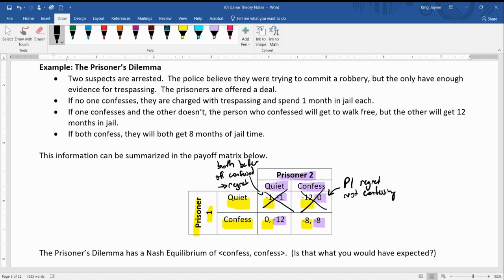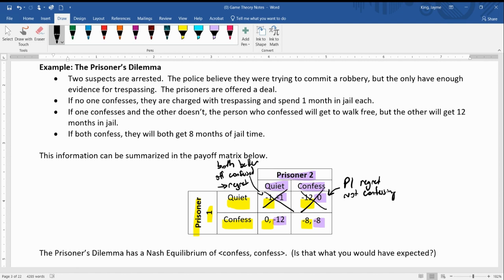Okay. What about the next cell, this one down here? We're going to look at it the same way. This is where player one chose to confess. If they had instead chosen to keep quiet, we would have been up in this cell, and they would have gotten a year of jail time. So they're happy with what they did. What about player two? Here, player two chose to keep quiet. Their other option would have been to confess.